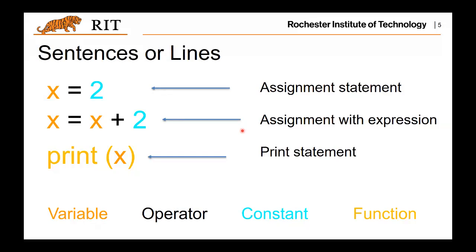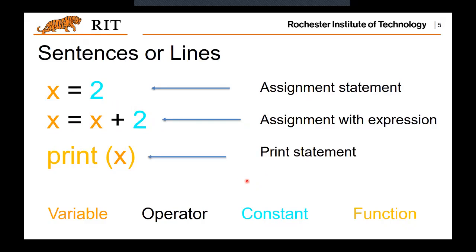The second line is also an assignment statement, but it is an assignment with an expression, meaning it's not just a constant value. x plus 2 is an expression, and after the addition is done, the value is assigned to the left-hand side, which is x.